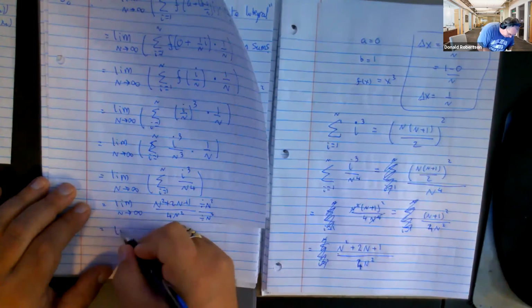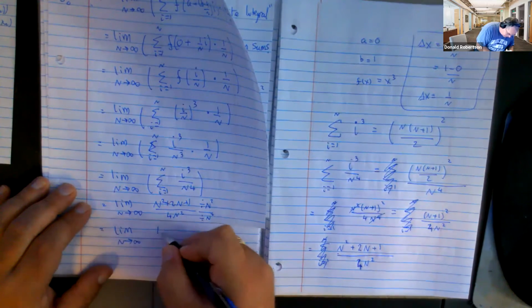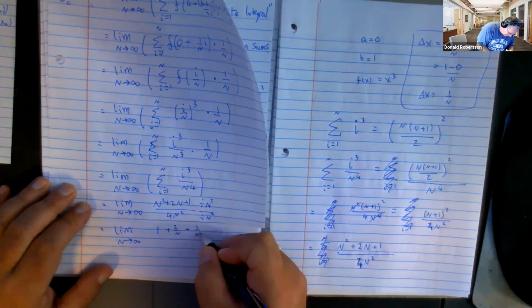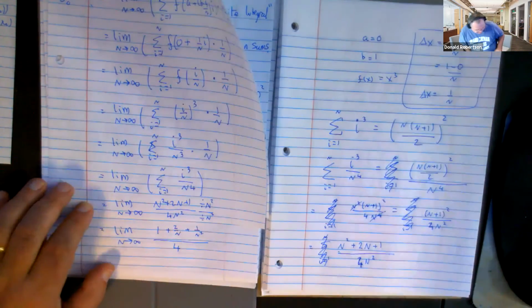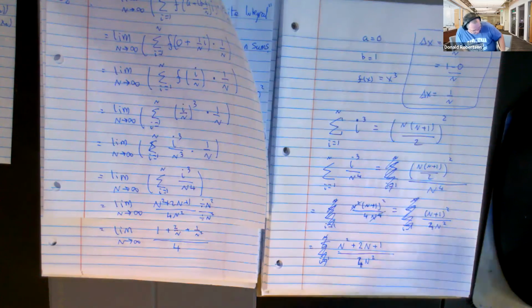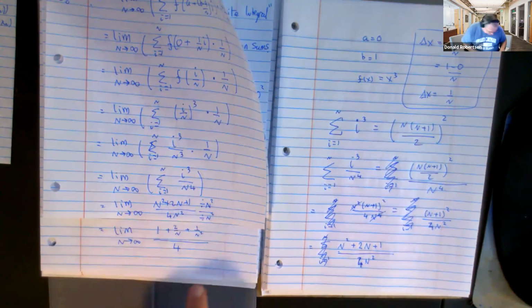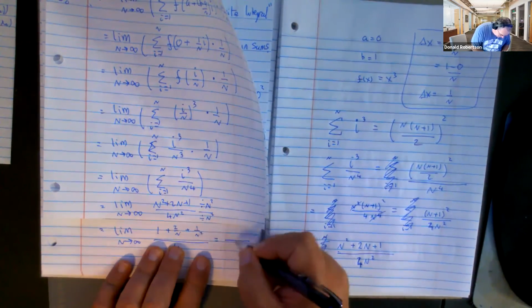That means that this is the limit as n tends to infinity of 1 plus 2 over n plus 1 over n squared, all over 4. Okay, then you can replace the n with infinities wherever it happens to occur, and you should be able to get your answer. On the top, you're going to get 1.